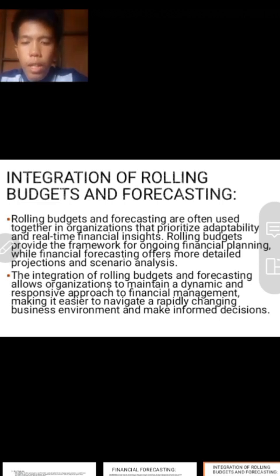So, financial planning management practices. Rolling budget focuses on dynamic budgeting and ongoing adaptation, while forecasting provides insight into future financial outcomes. By combining these practices, organizations can maintain both flexibility and foresight in their financial management process.